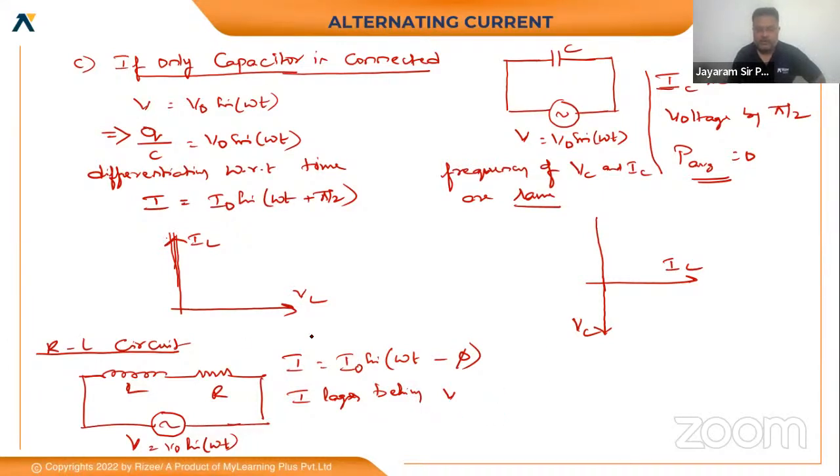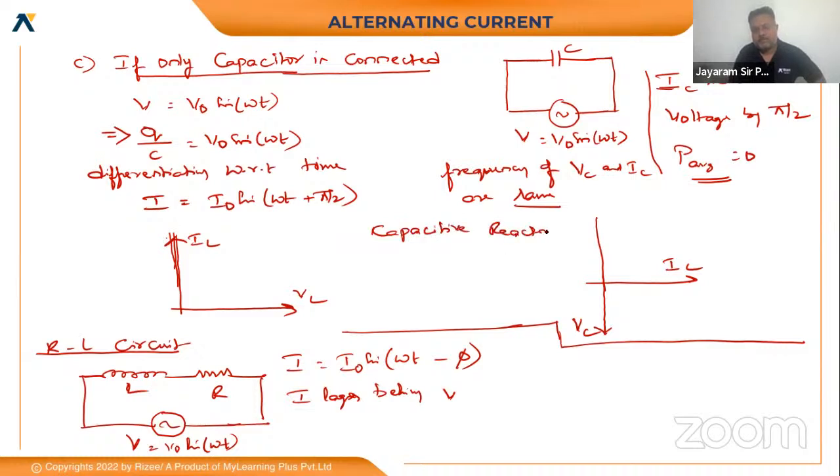In this case, what is the thing that is called as a resistance? As we have done for the capacitor, let me also write this one. That is the capacitive reactance, which is nothing but XC is equal to 1 by omega C. So why do we call them by different names?